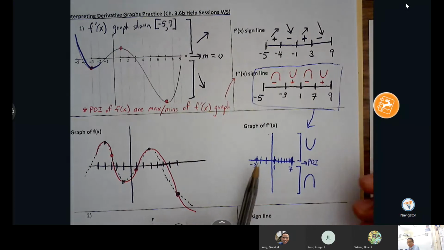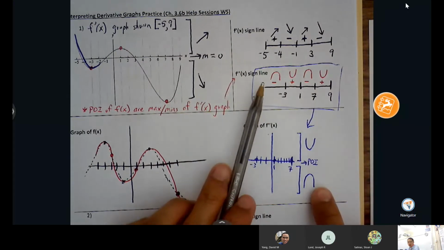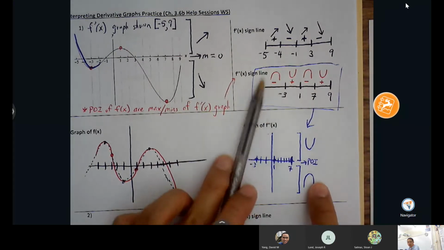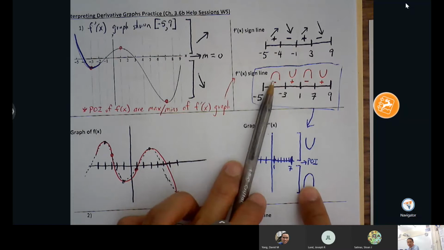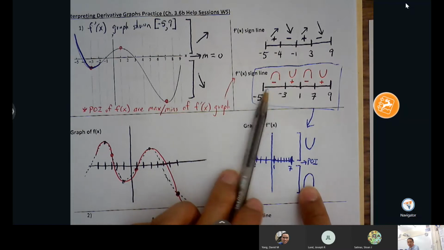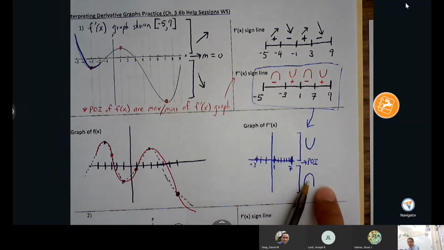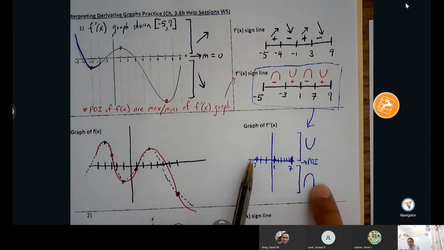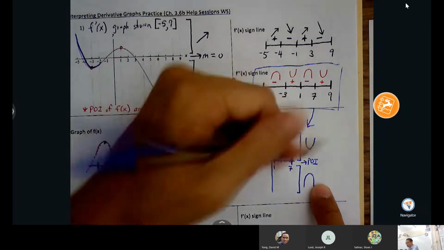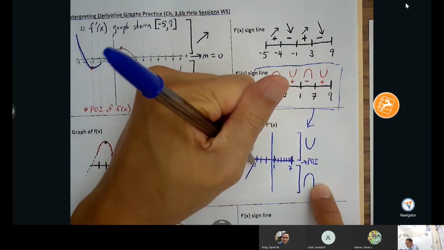And I just want my graph to be located above or below, depending on what symbol I see. So if I see concave down, I want this portion of my graph to live below the x-axis, but it's going to connect to these points. So these points help give me some anchor points that help guide me a little bit. So from -5 to -3, I want my graph to be in the negative region, but it has to go up to that point. So it has to be something like this.